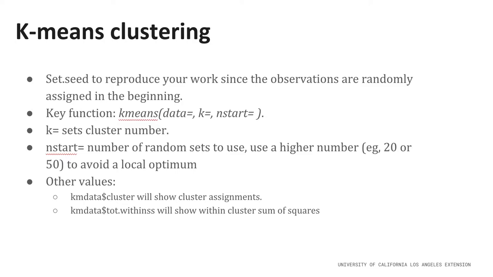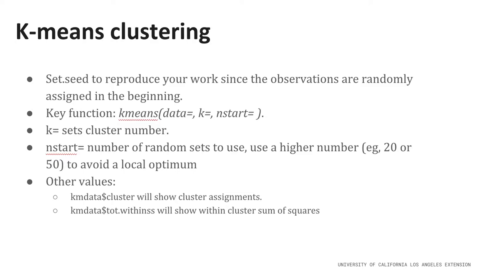K is the very important variable where you need to decide how many clusters you want. Again, there may be external considerations, but that's on the modeler to decide which K to optimize for. And often you'll use the elbow chart. So you'll do this for any number of Ks, and then you'll see which one works better later on.